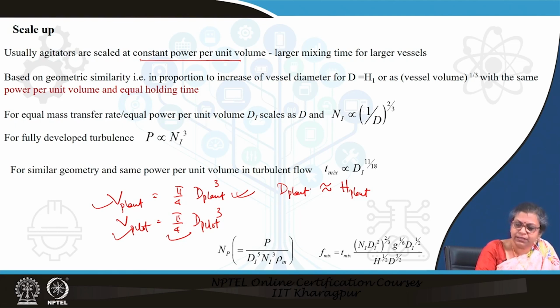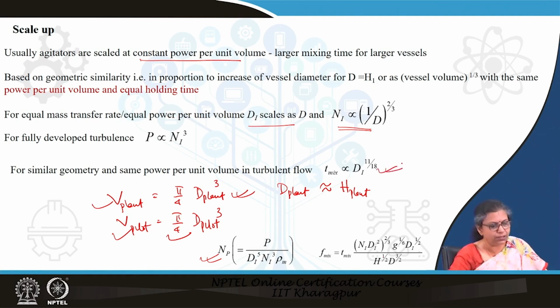More or less, d i scales as d, and the revolutions per second scale by this particular relationship. When we have fully developed turbulence, if the power number is the same, then the power can be scaled as N i cube. And the T mixing, again from here, scales by this relationship with the impeller diameter.